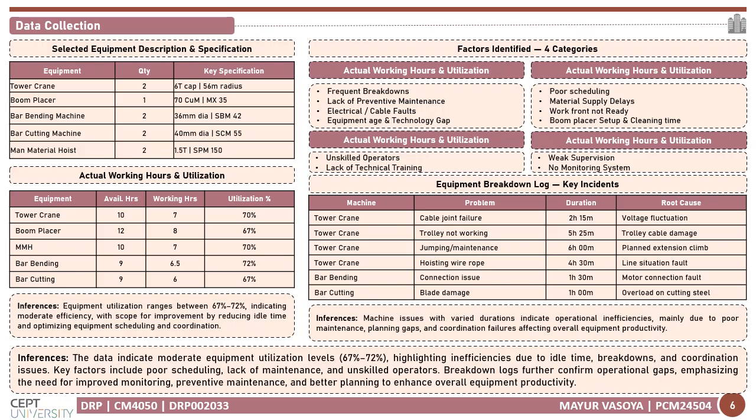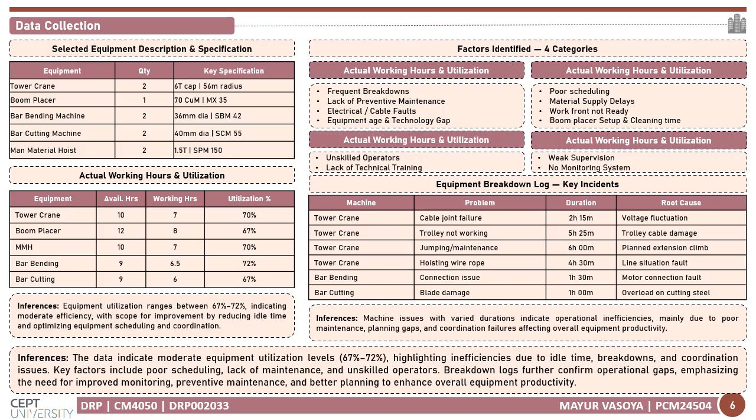The slide also presents the factors identified under four categories: equipment related, which included frequent breakdowns and cable faults, electrical issues, and equipment age or technology gap. Management and planning related issues include poor scheduling and material supply delay.